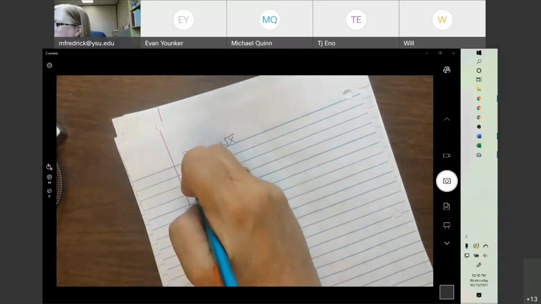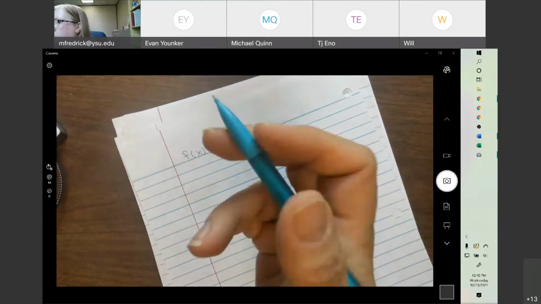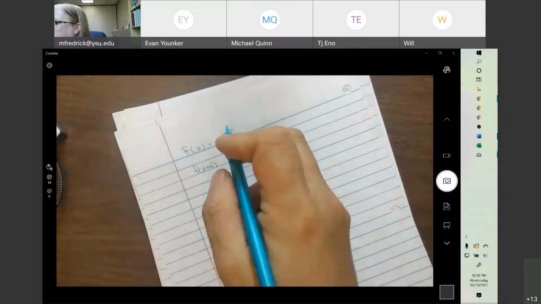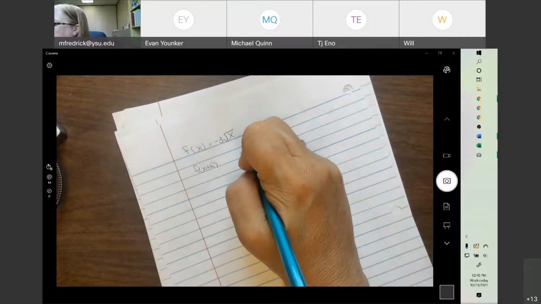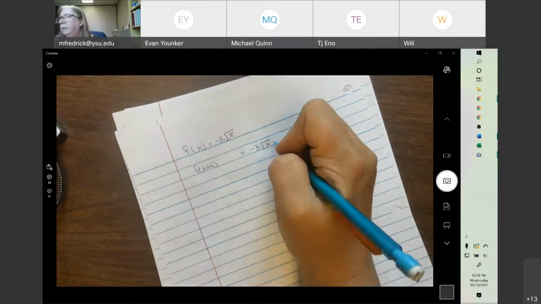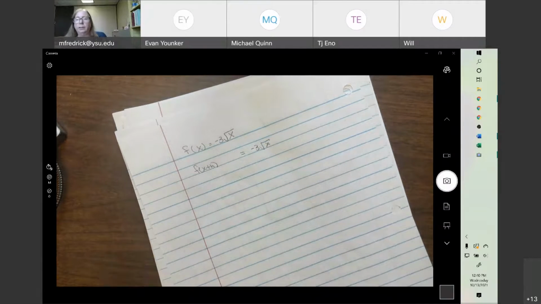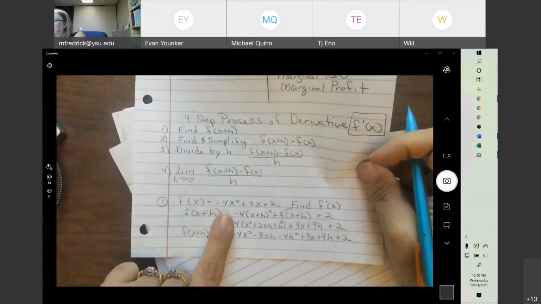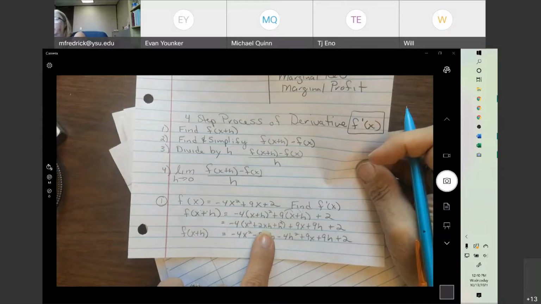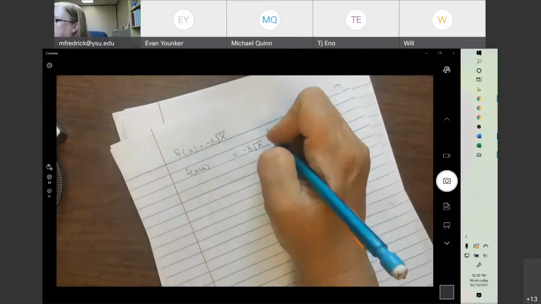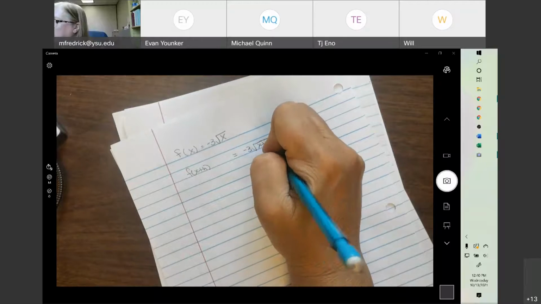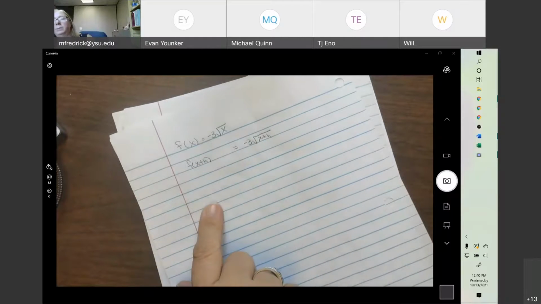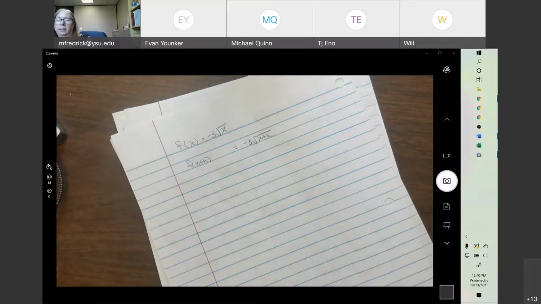So if we have this one, now this is one when you do f of x plus h, because that would be step 1. Unlike the other one where we could FOIL the quantity, like we did here, we FOILed this. You can't simplify this one. So we put x plus h in here, but there's nothing we can do to simplify. So setting this one up all at once makes sense.